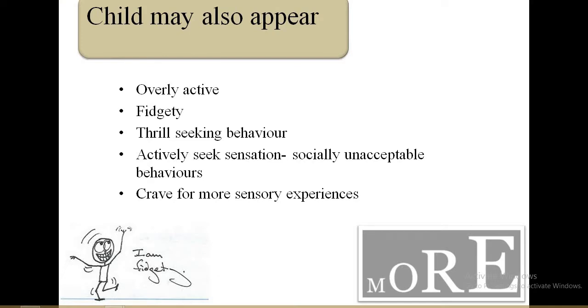But those are active regulators. They always seek a specific stimuli. It could be sounds, movement, or touch, as they know what stimulation they need to be regulated. When you see a child continuously moving his or her neck, it may be because of proprioception and vestibular underresponsiveness.